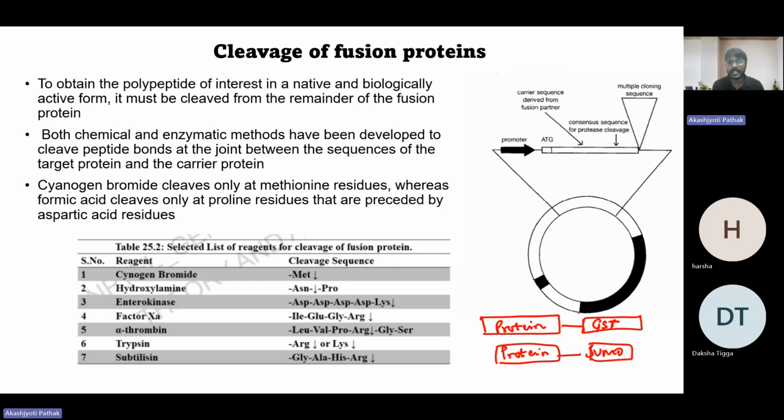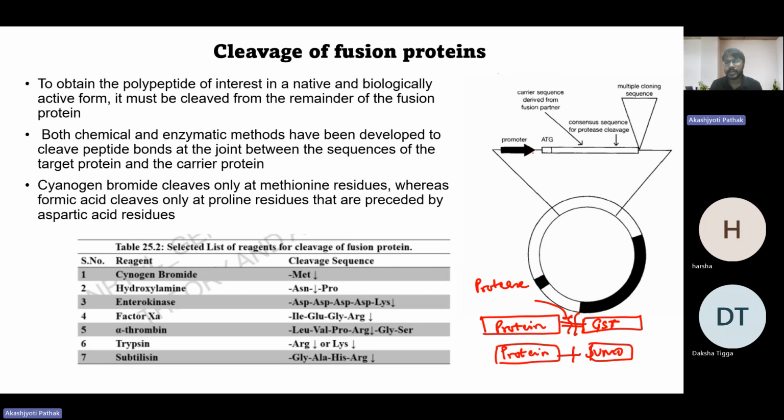You do not want this GST protein. So what is done is that a cleavage site is added in between your protein of interest and your GST tag, so that once you add this protease, your protease will go and cleave this linker which is present between your protein of interest and GST, and then you can get your protein of interest.